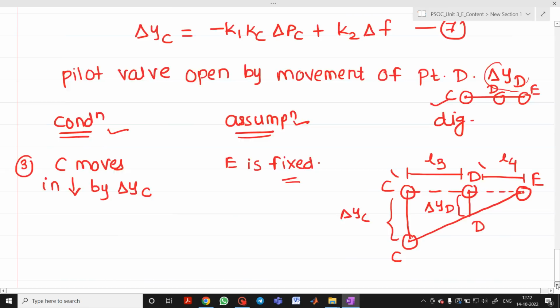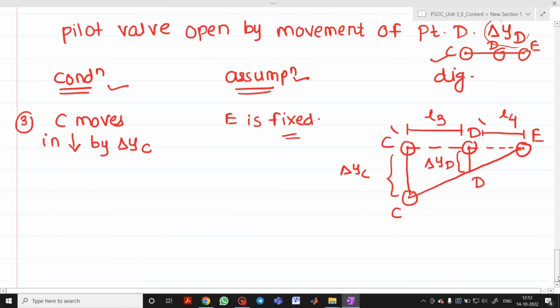Again we are using the same triangle analogy here. I will write triangle E C dash C. How have I taken it? E C dash C. So how to name the other triangle? First is E C dash C, next will be E D dash D. So how can I write the expression?